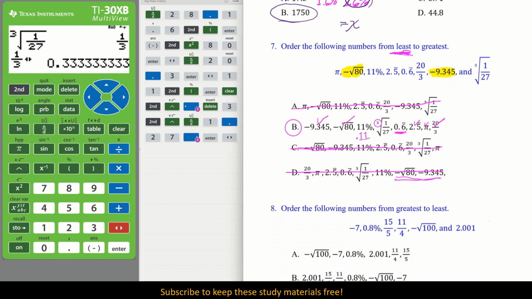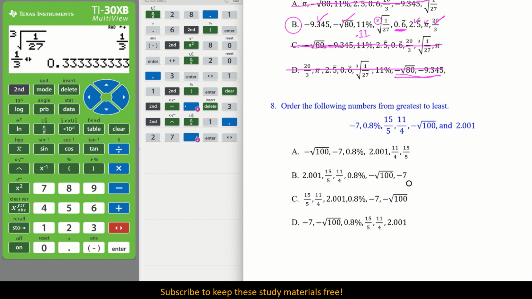All right, let's go to number 8, which would be our last question. Order the following numbers from greatest to least. Okay, so that means we have the negative numbers, which would be at the end. They should be last. Always like to get the negatives out of the way. So let's see here.